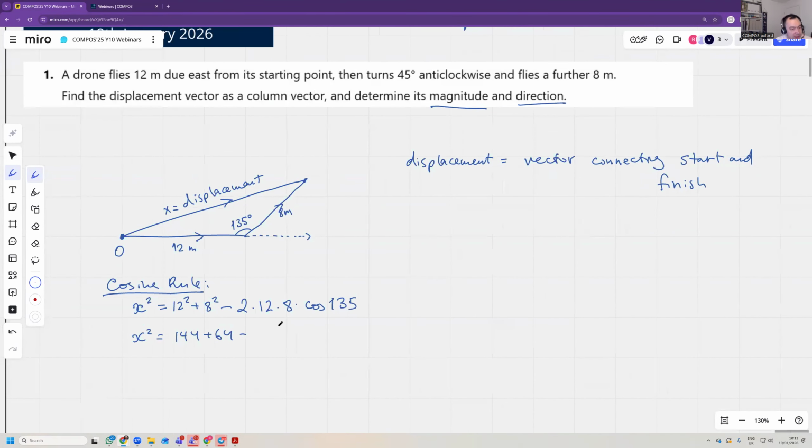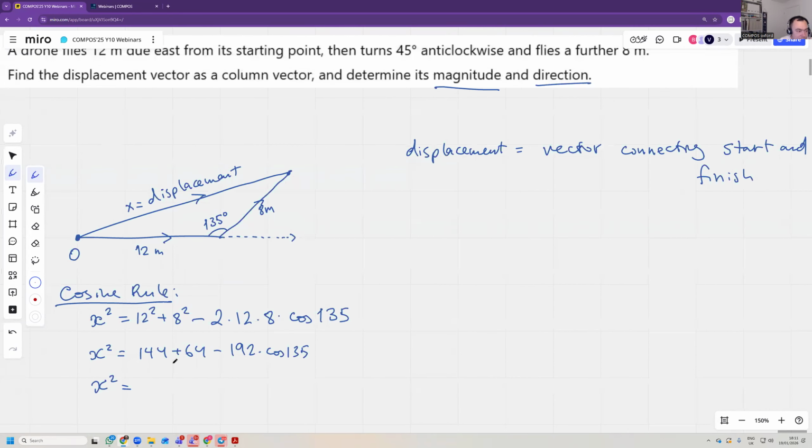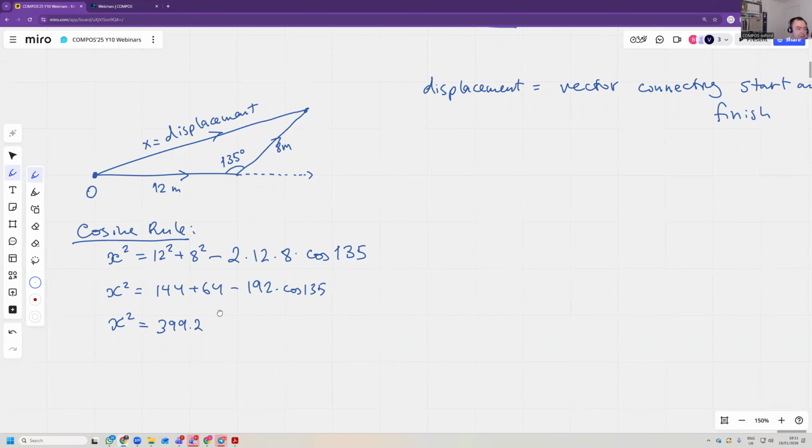Minus 24 times 8, well, 16 times 12. Okay, that's too much mental arithmetic for today. 2 times 12 times 8 is 192 times cos 135, and x squared is going to be 144 plus 64 minus 192 times cosine 135, and that is 399.2, which is pretty much 400.